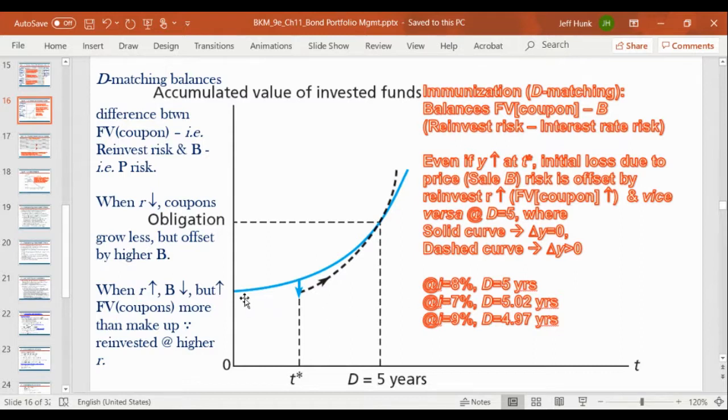But if interest rate changes, that's the solid curve, and the dashed curve represents the scenario under change in interest rate, and especially interest rate going up, because the change is positive, right?